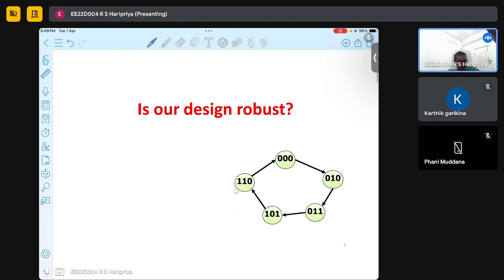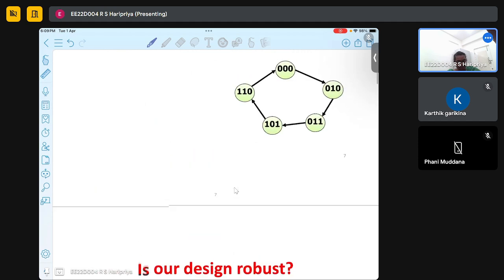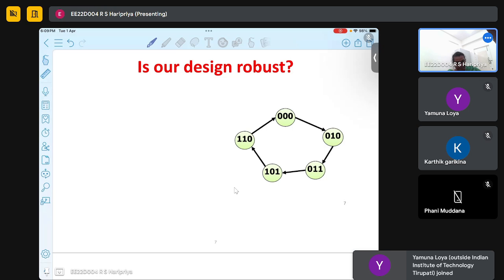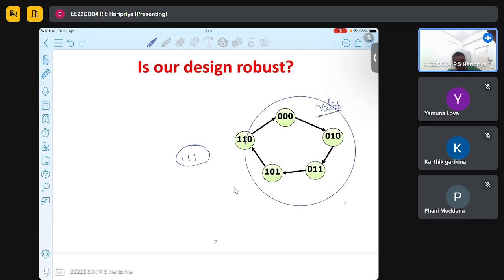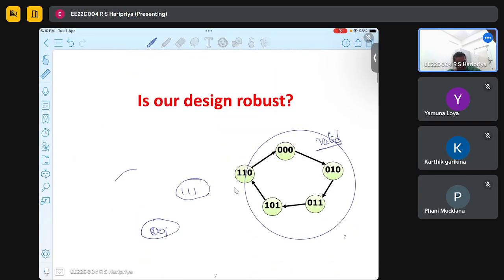So is this design robust? In our design, for example, by any chance if the circuit goes to a state, say if the circuit is in state 1, then we don't know to which state it will come, because these are the valid states.